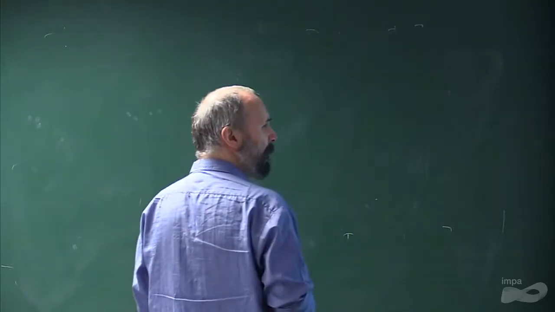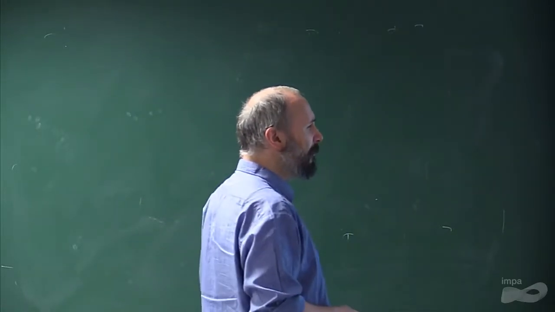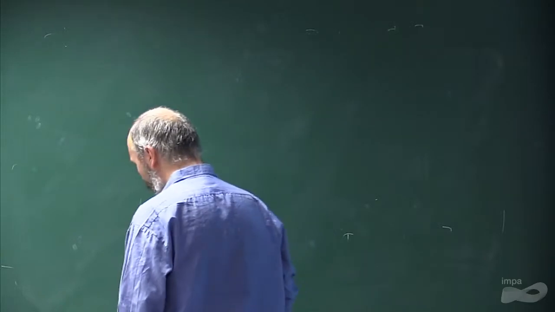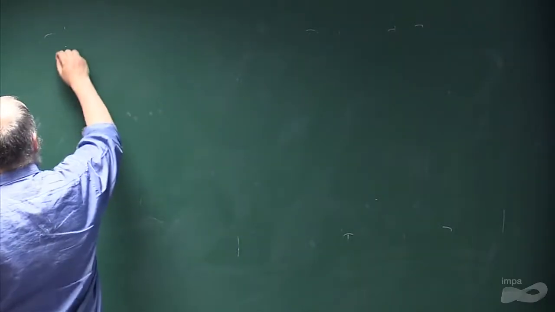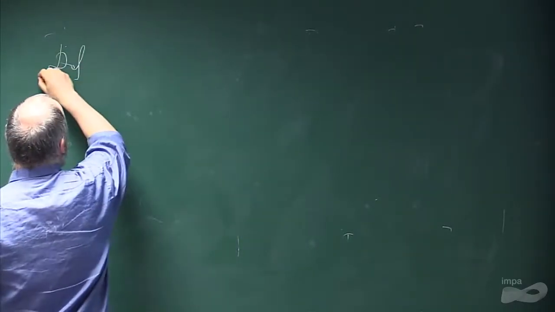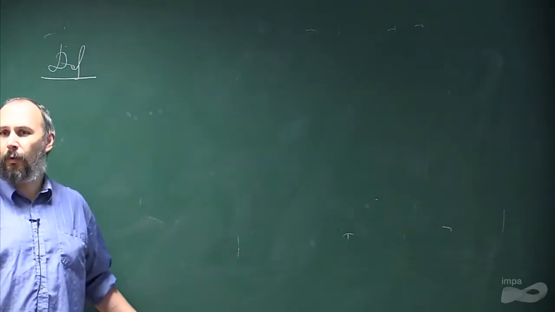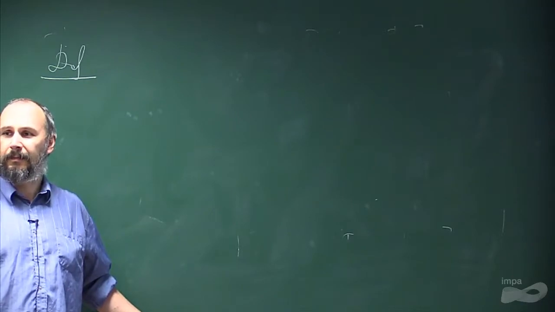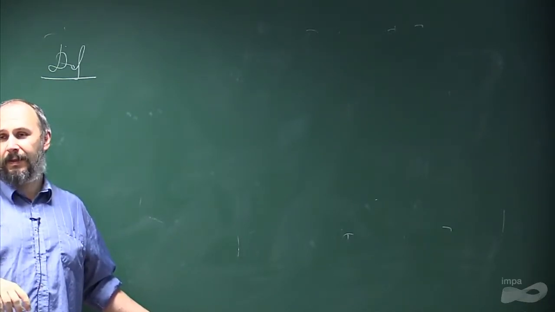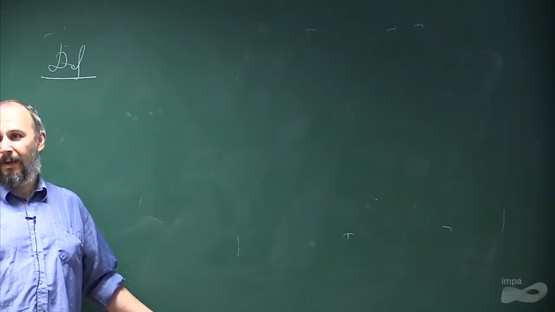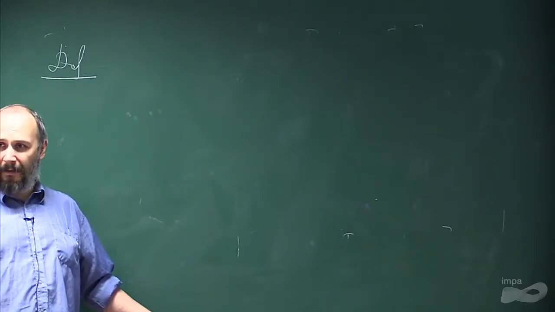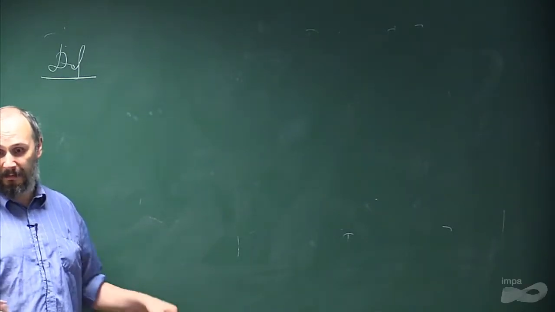So, maybe I should start with the definition of a submanifold. Do you know what a diffeomorphism is? Who knows what a diffeomorphism is? A diffeomorphism is a map which is invertible, and the inverse has all derivatives. It's smooth.